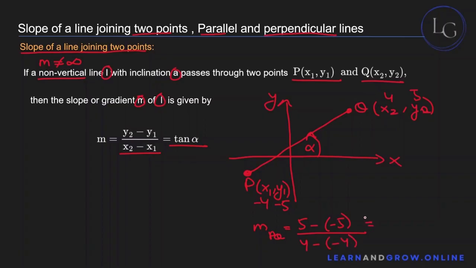Well, that would be equal to 10 over 8, which is equal to 5 by 4. And that is the gradient of PQ. Or you can find out the value of this angle and take its tangent to get the value of the gradient as well. All of these will be equal.